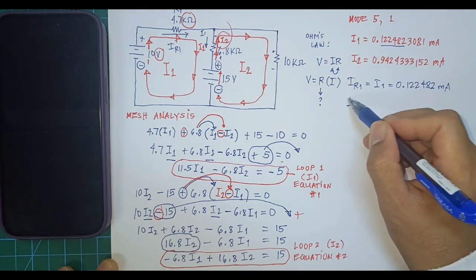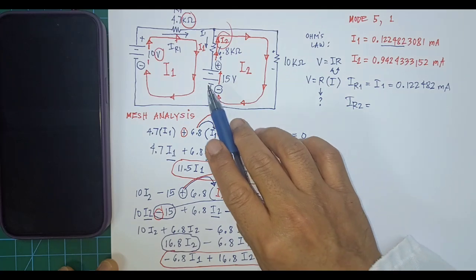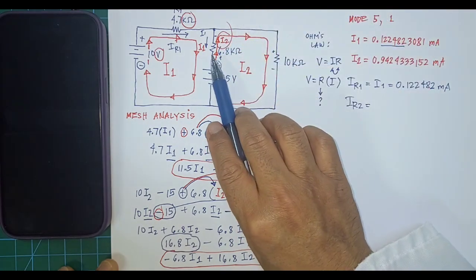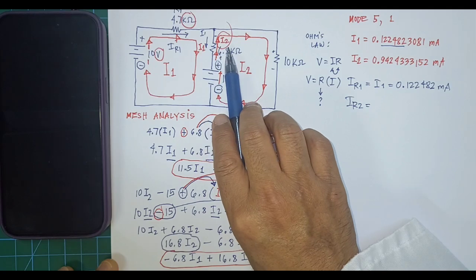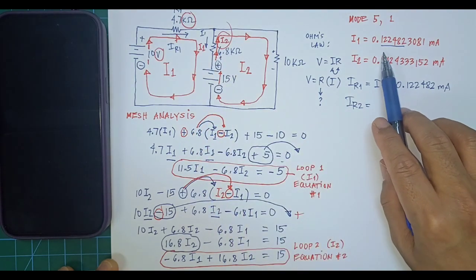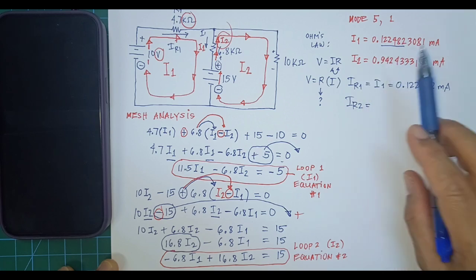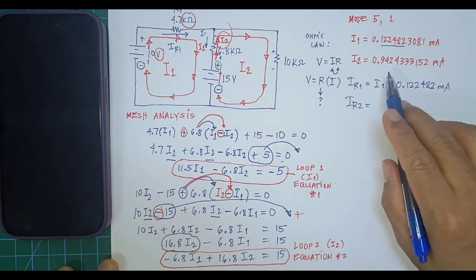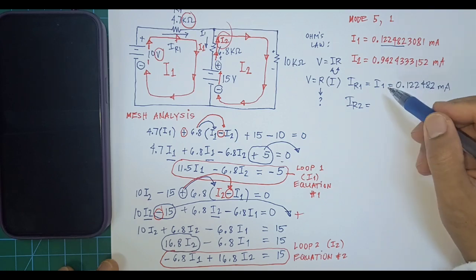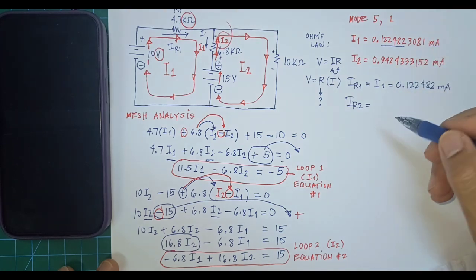And then for IR2, where's IR2 here, it is the difference between I1 and I2. That's what we will get. We got I1 is 0.122 and I2 is 0.942. So let's just take the difference, the absolute value of 0.942 minus 0.122, or vice versa.